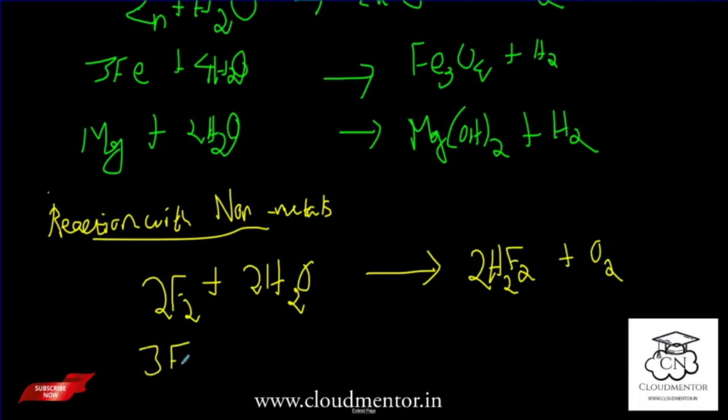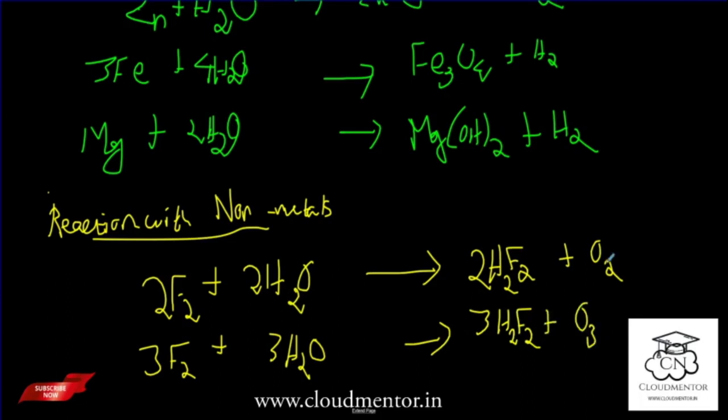Or 3F2 plus 3H2O giving 3H2F2 plus O3, and this one is the ozonized oxygen.